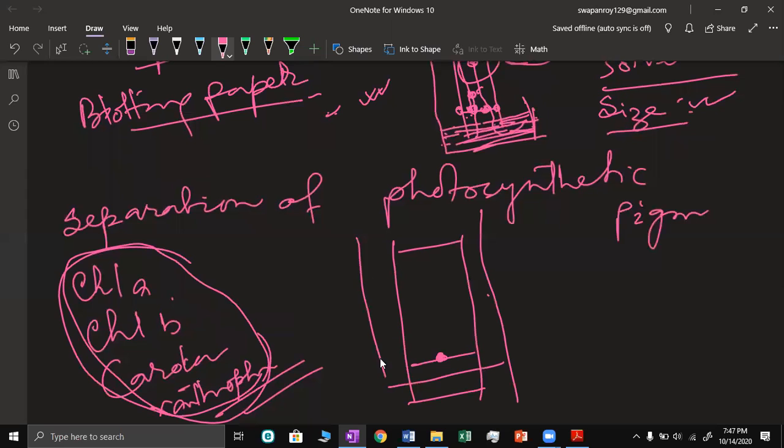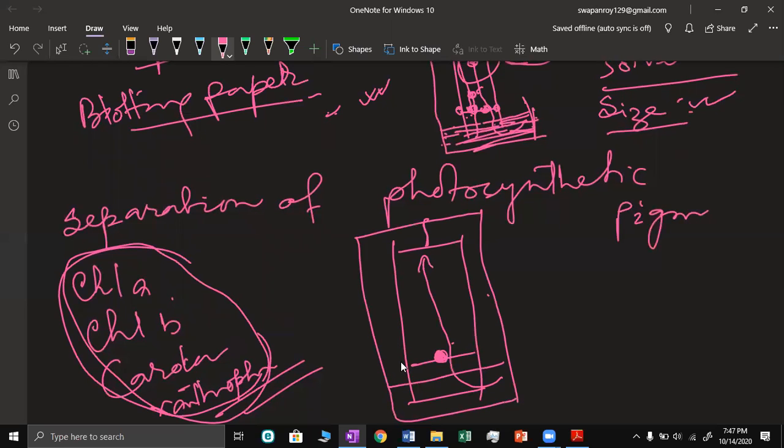The jar is closed and left for some time, then the solvent starts moving upward, and the photosynthetic pigments chlorophyll A, B, carotene, xanthophyll also start moving.